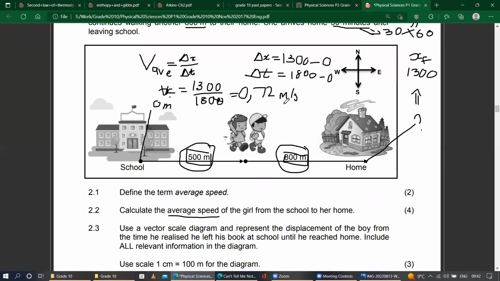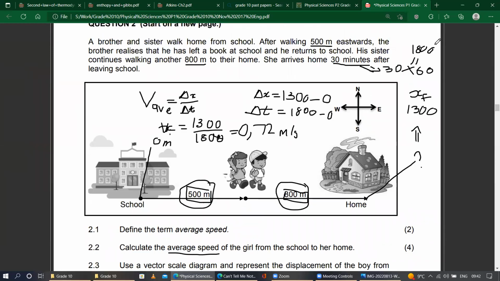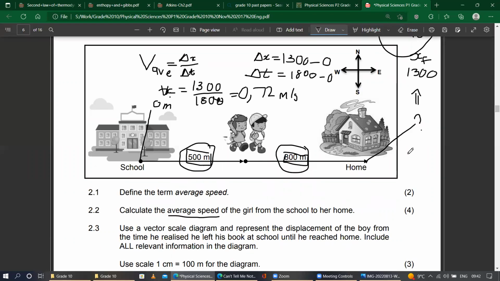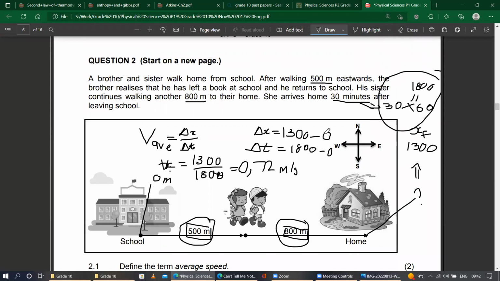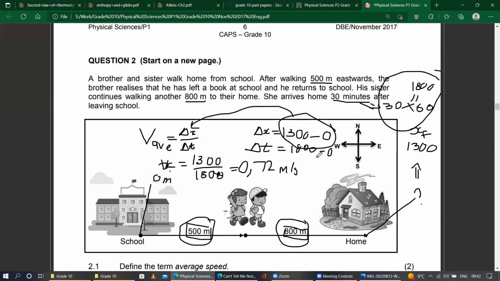Do you see it? So the most important part is that you have to show that you convert, because this is a 4 mark question. You take this and substitute it above, take this, substitute it below, and then show that you add 500 and 800.